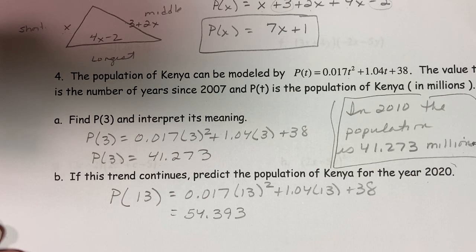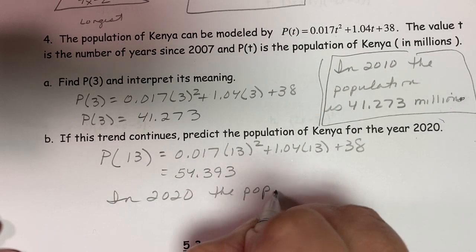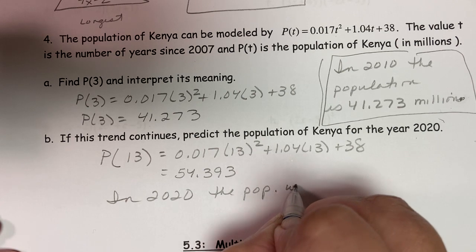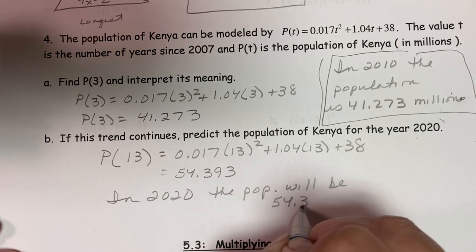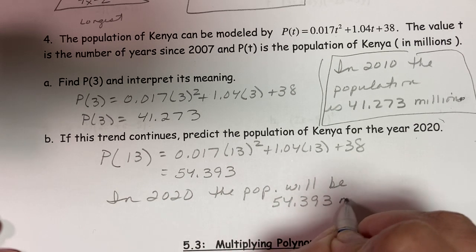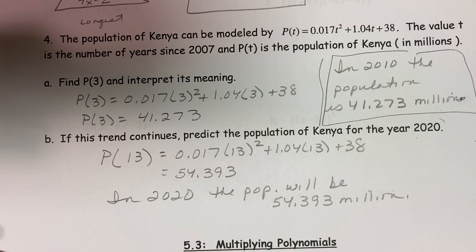So that means that in 2020, the population will be 54.393 million people. And there you go.